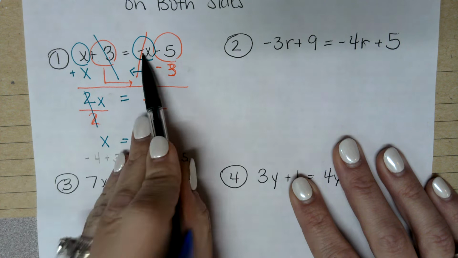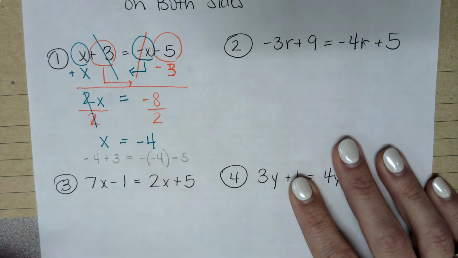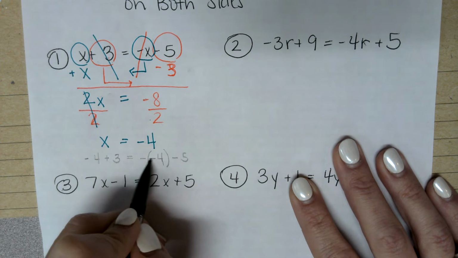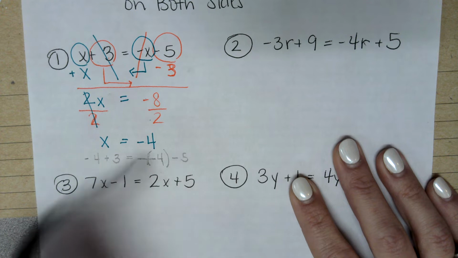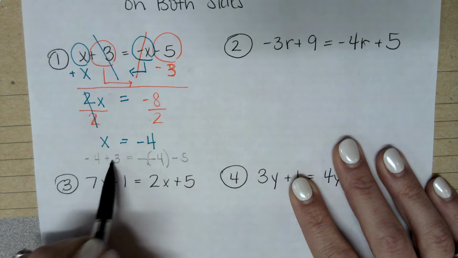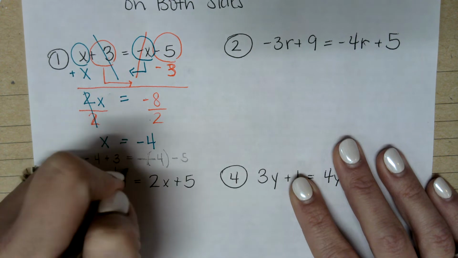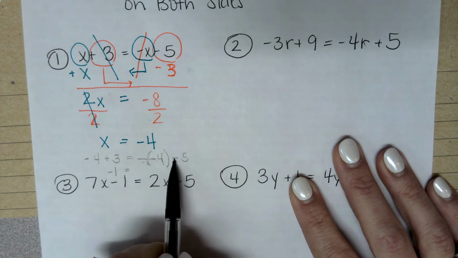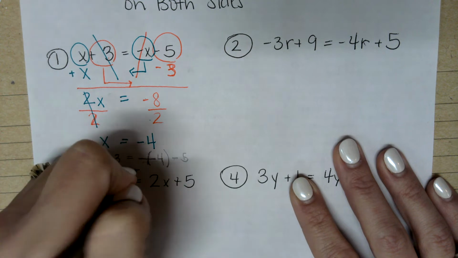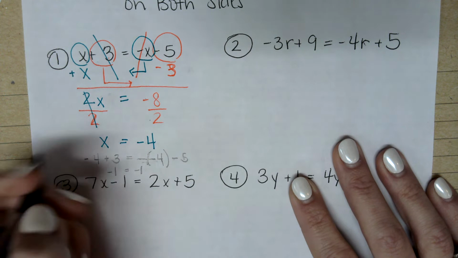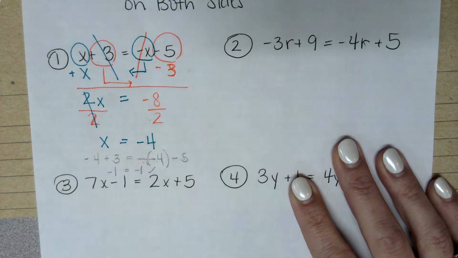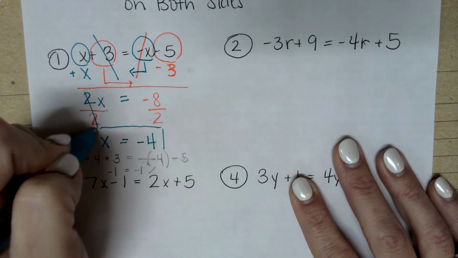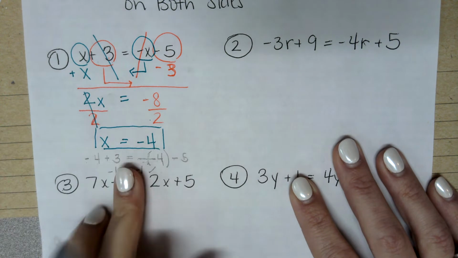So I just plugged this in. I included that negative. A negative and a negative make a positive. So negative 4 plus 3 is negative 1. 4 minus 5 is also negative 1. Do those match? Yes, they do. That means that your final answer of x equals negative 4 is correct.